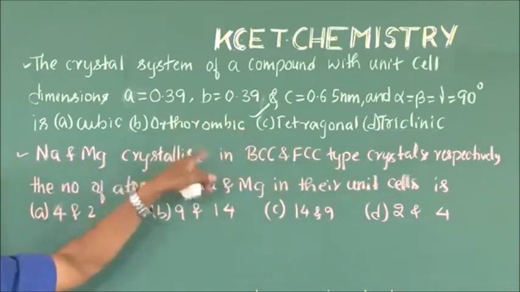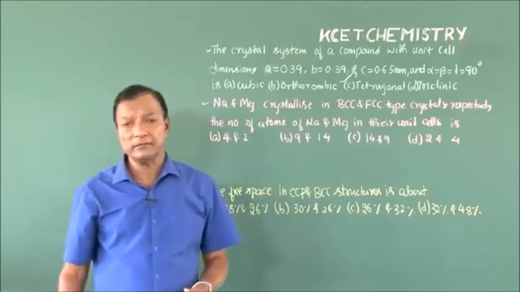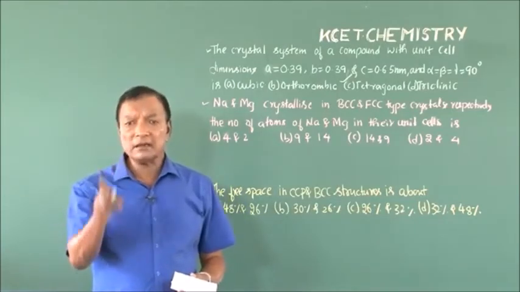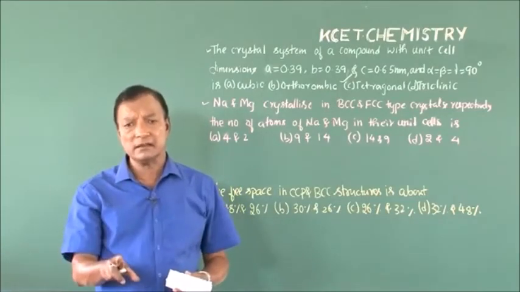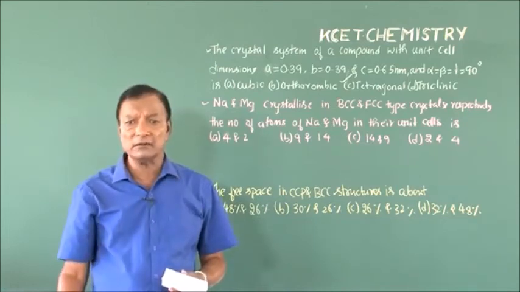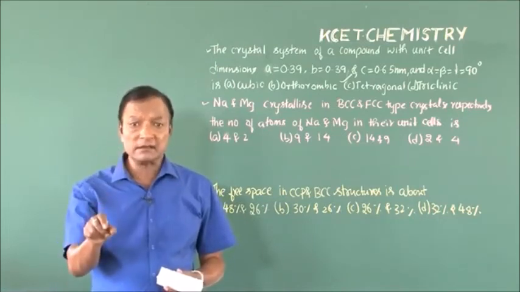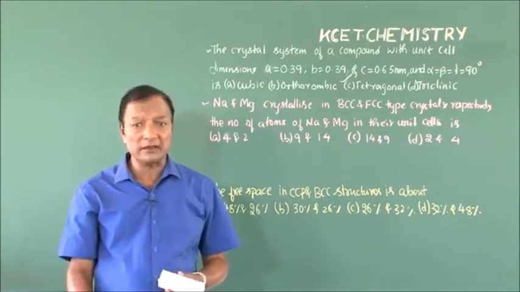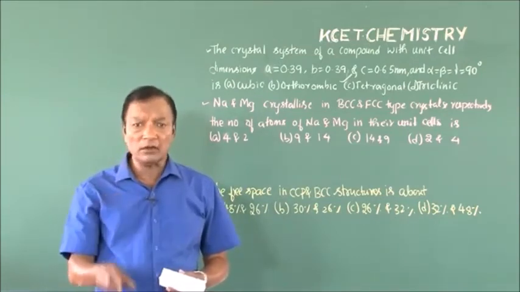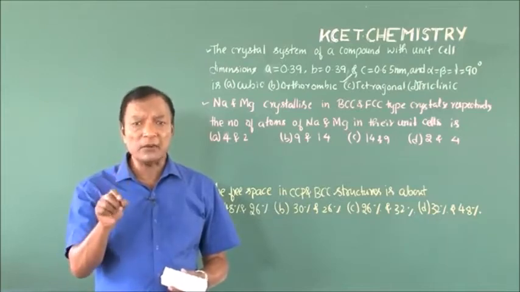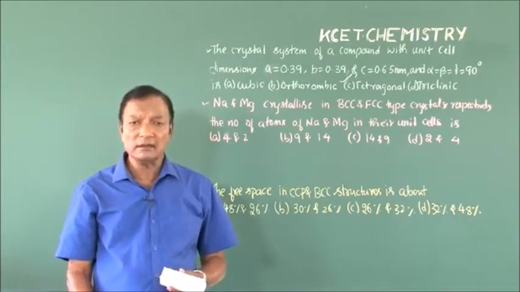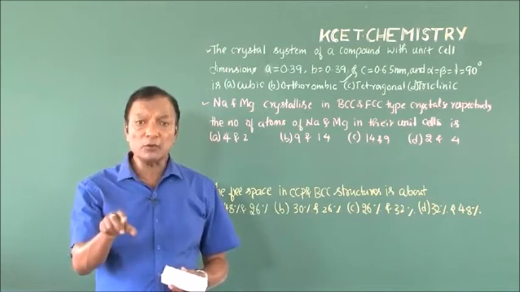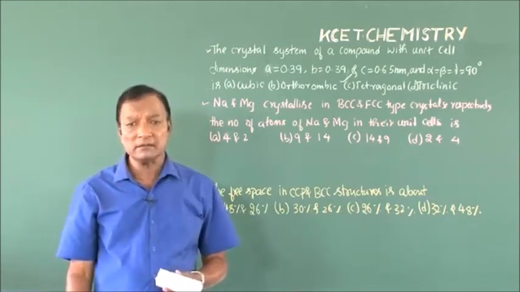Coming to this orthorhombic, here we have length, breadth, and height, the edges. Edges are unequal, but the angles, alpha, beta, and gamma, they are equal to 90 degree. Can you recall such a type of geometry in some of the day-to-day used materials?